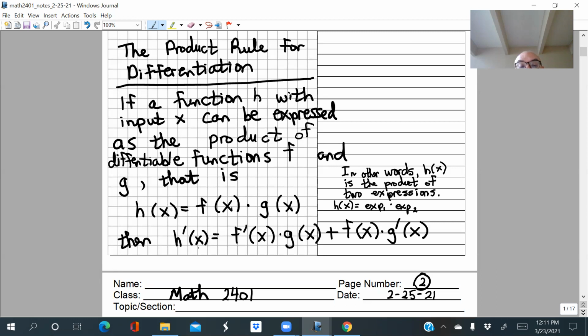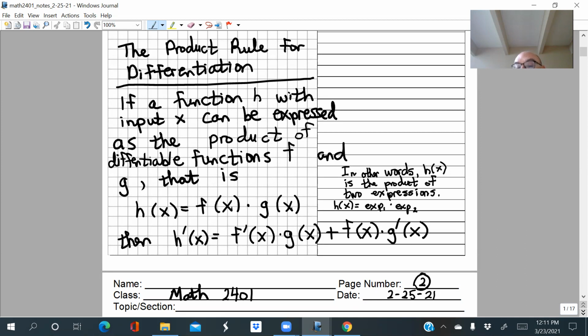What the product rule says is, if you have a function and you can think of it as the product of two simpler functions, then the product rule shows you how to differentiate such a function.